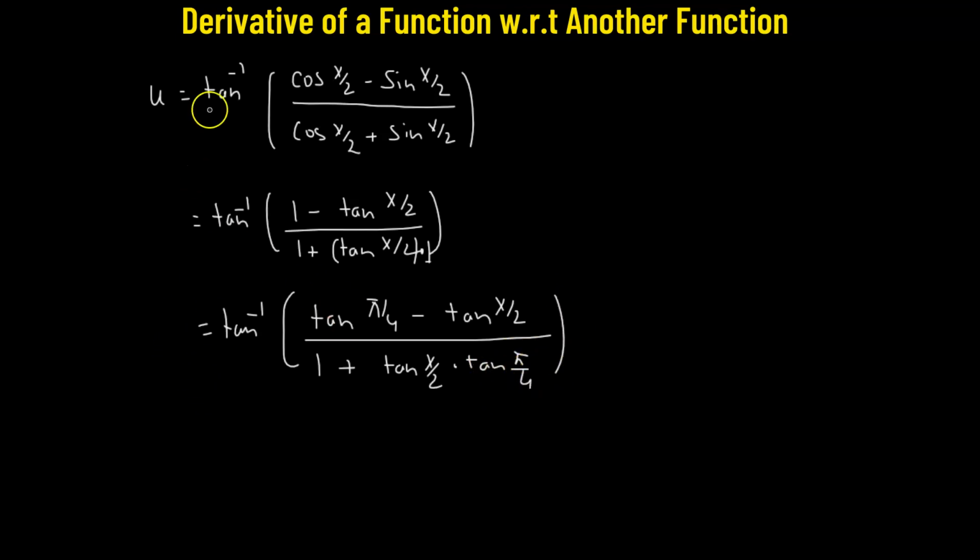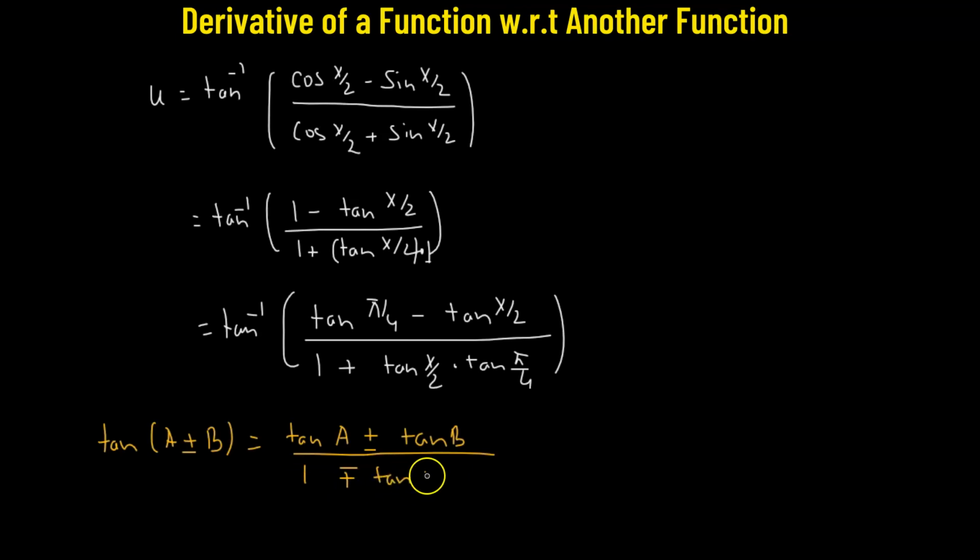This is done because we know that tangent of a plus or minus b is equal to tangent of a plus or minus tangent of b, divided by 1 minus or plus tangent of a times tangent of b. In our case here, a is pi over 4 and b is x over 2.